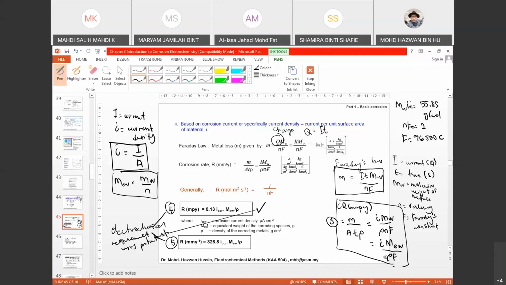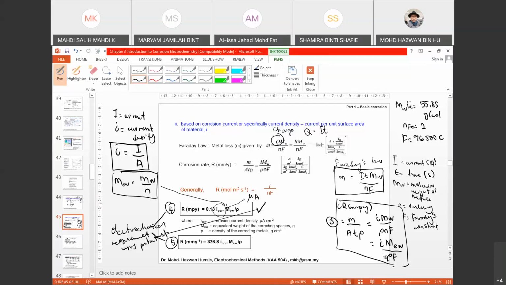The formula is R, the unit is in MPY, meaning per year, equals 0.13 multiplied with i corr, small i, current density, multiplied with equivalent weight. Equivalent weight, I've already told you, is molecular weight over valency over rho, the density of the metal. Note that the i corr value must be in microamperes.